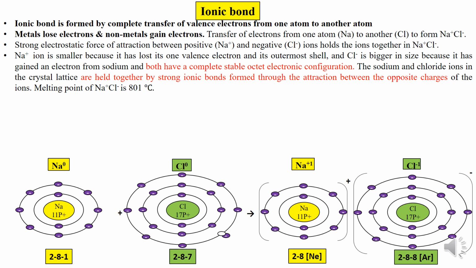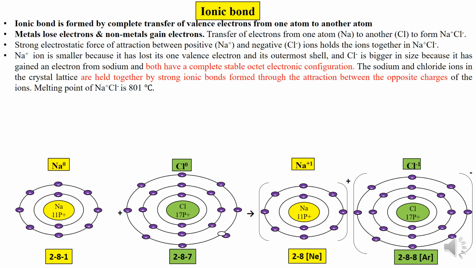Because the sodium ion has lost its only valence electron, and in the process it has lost its outermost shell, while the chlorine on the other side is bigger because it has gained an electron from sodium, and after accepting the electron it leads to inter-electronic repulsion, and that leads to expansion of the electron cloud, and as a result the size of the chlorine atom increases, and the end result is that both sodium and chlorine have complete stable octet electronic configuration.